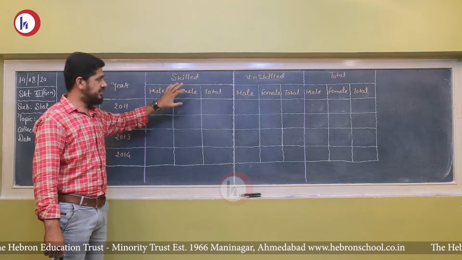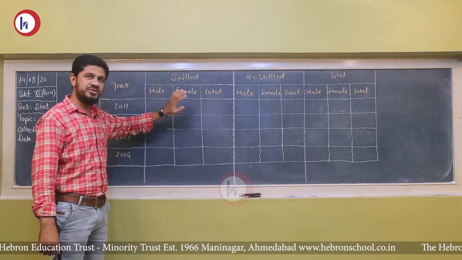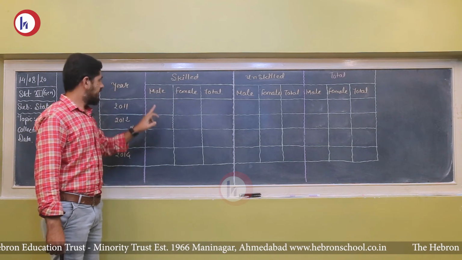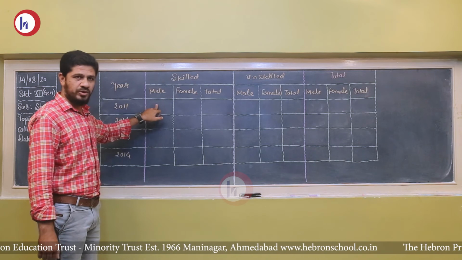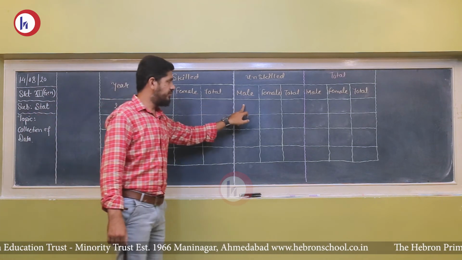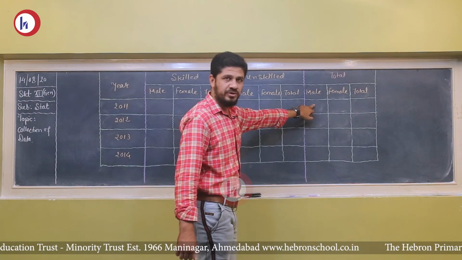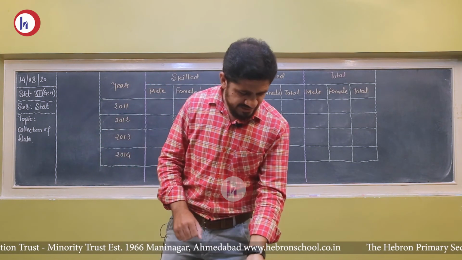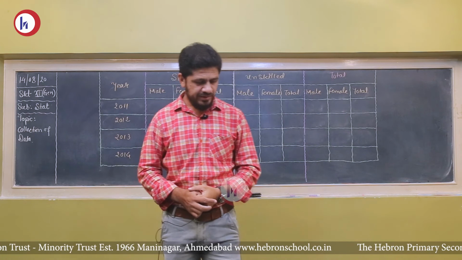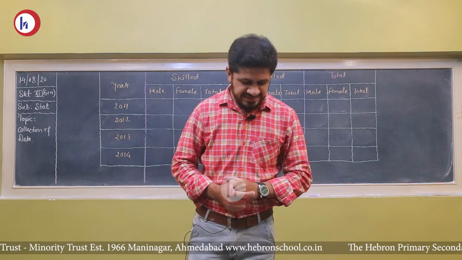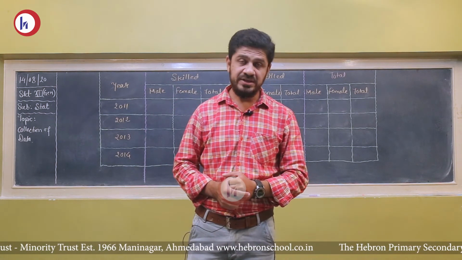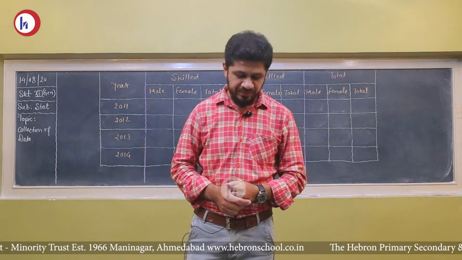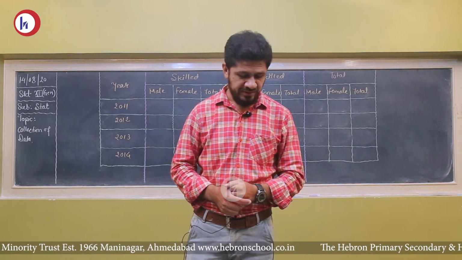Again, this is the same block as we drew earlier. The sum of male of this block and this block will be recorded in the last block, same as what I taught you earlier. So let's start to fill the data. There were 1250 skilled and 400 unskilled workers in a private company in 2011.